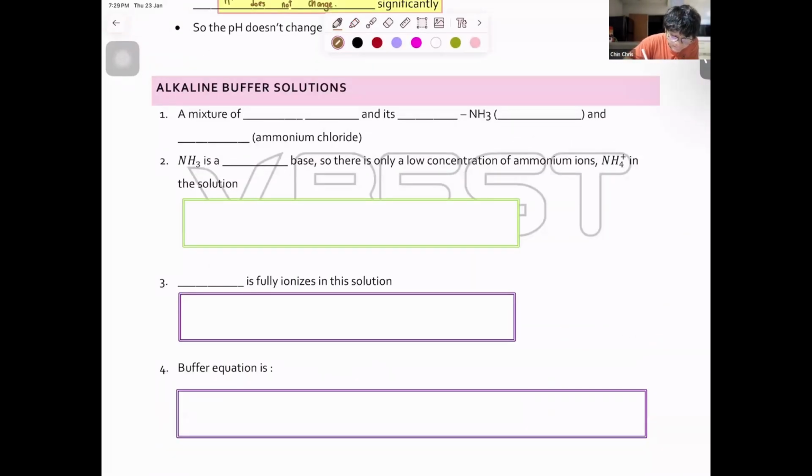We need a weak base and its conjugate. So NH3 is a weak base, and the conjugate, which is ammonium chloride, NH4Cl.